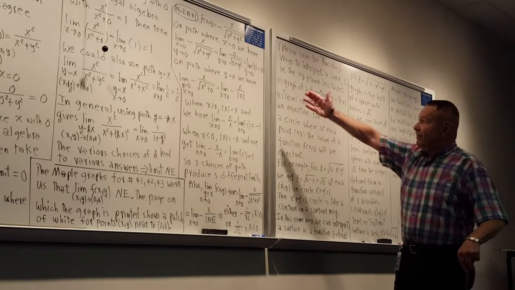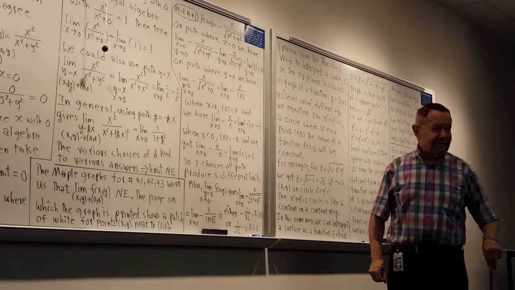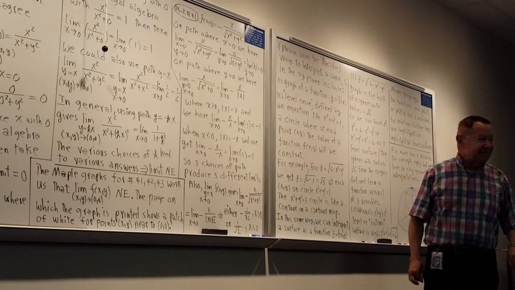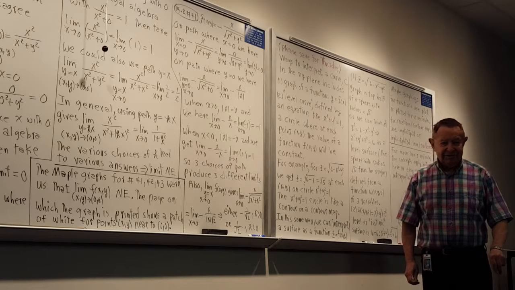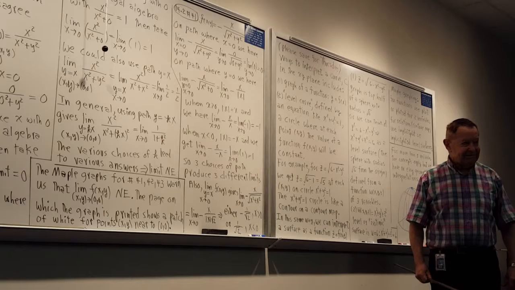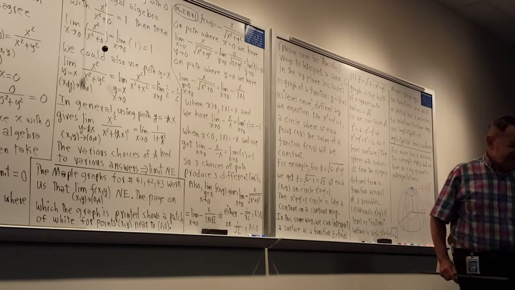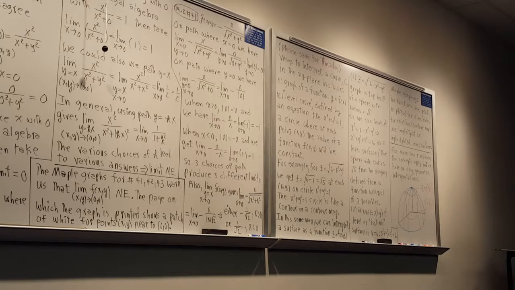So now I've given you 5 different limits, depending on just what you did. So you can see that you don't have a limit at 0, and that's why the white patch in the graph.